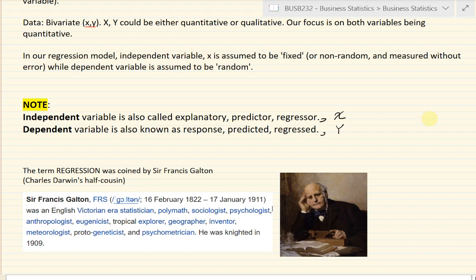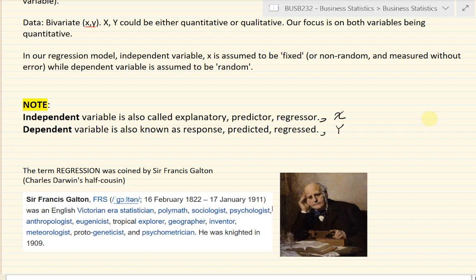And that was true. In fact, his data showed that until a point, as the height of the father grew, the height of the son didn't grow as much. So the height of the son tended to regress, or go back, toward the center, the average height for the data set.